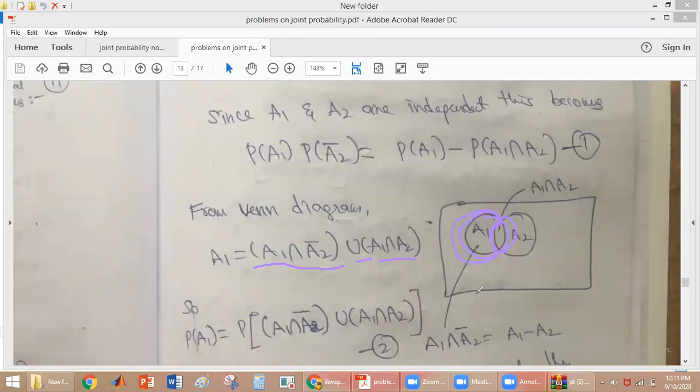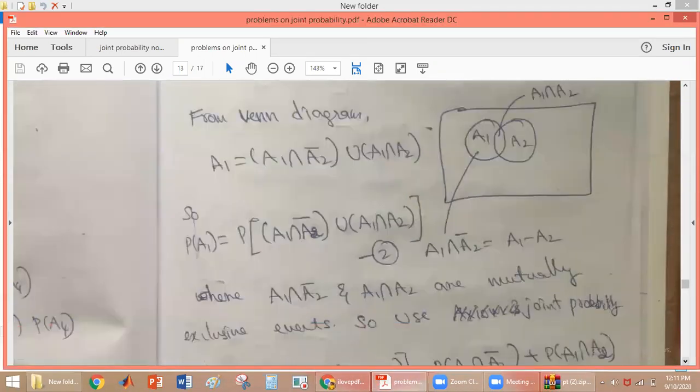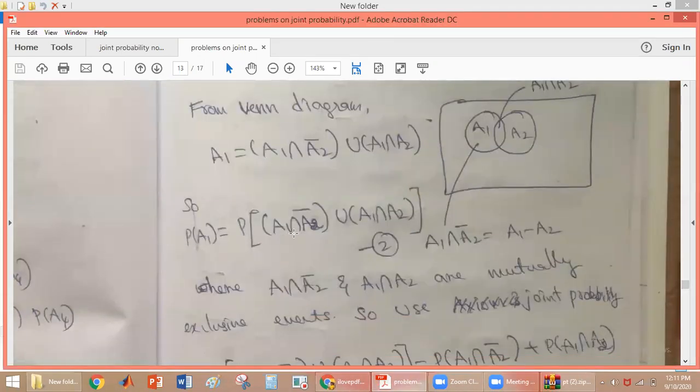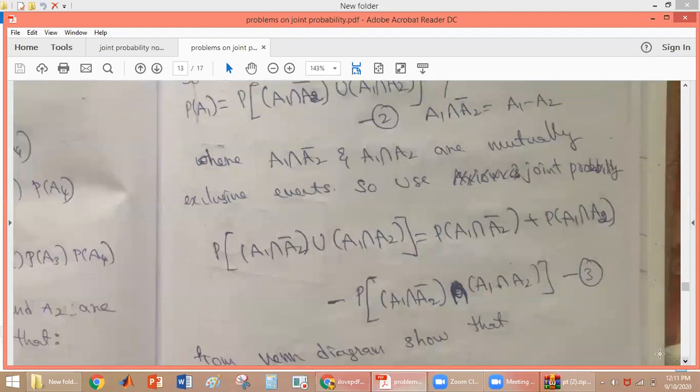Now use your axiom number 3: if two events are mutually exclusive, probability of the union of those two events will be equal to the sum of the probabilities of the individual events. So it can be written as probability of A1 intersection A2 complement plus probability of A1 intersection A2. This is nothing but probability of A1. So the left side is probability of A1.